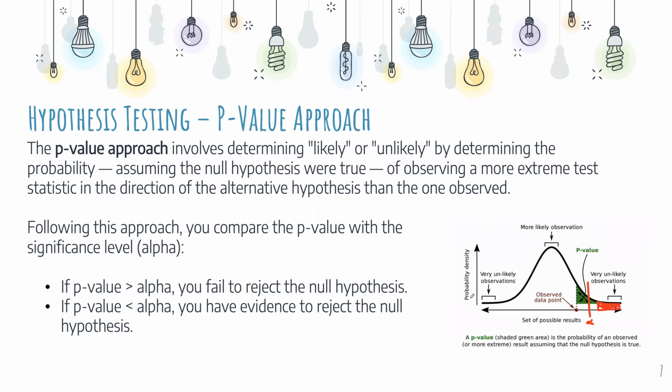So when we are doing hypothesis testing with a p-value approach, we want a p-value that is very, very small, smaller than your alpha. Then what you have as evidence is enough to reject the null hypothesis.